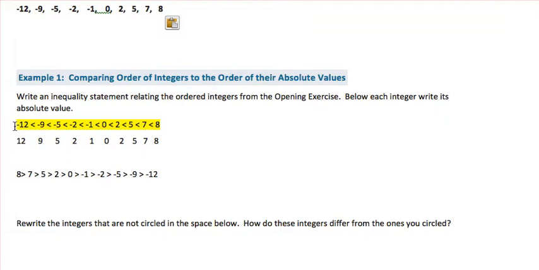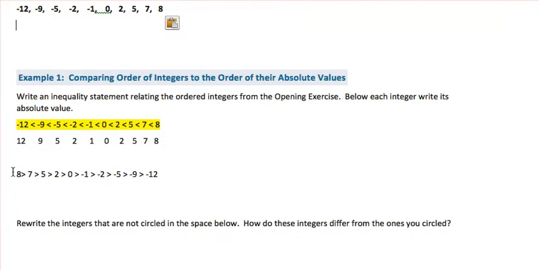It makes lots of sense if you go ahead and read it. -12 is less than -9, which is less than -5, which is less than -2, which is less than -1, which is less than 0, which is less than 2, which is less than 5, which is less than 7, which is less than 8.